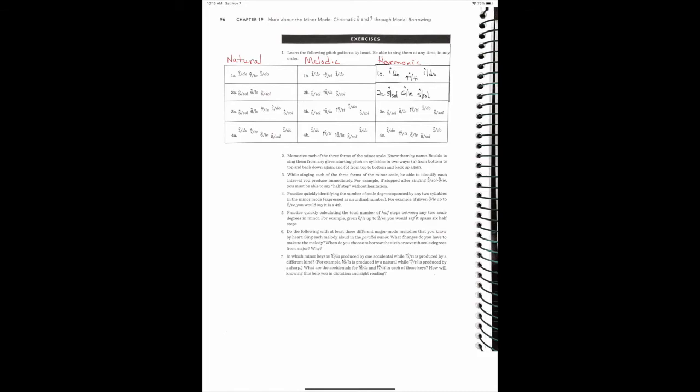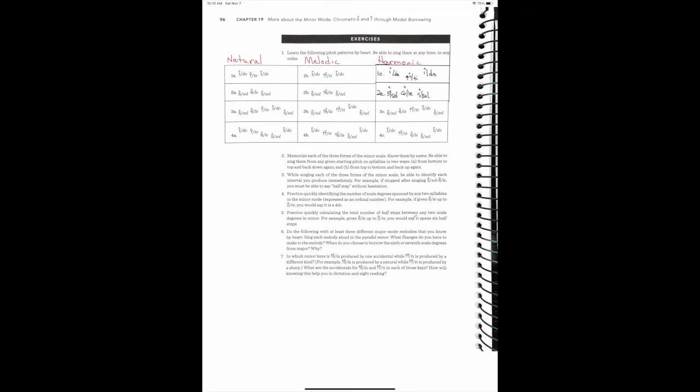So for example, for natural you would go do, re, mi, fa, sol, la, ti, do, do, ti, la, sol, fa, mi, re, do. For melodic, do, re, mi, fa, sol, la, ti, do.